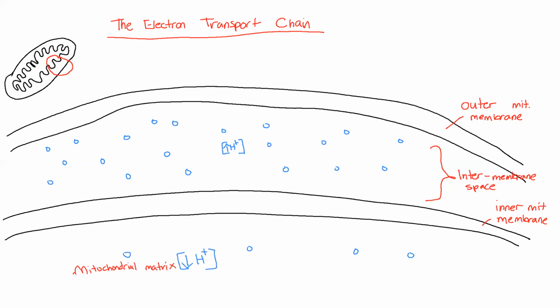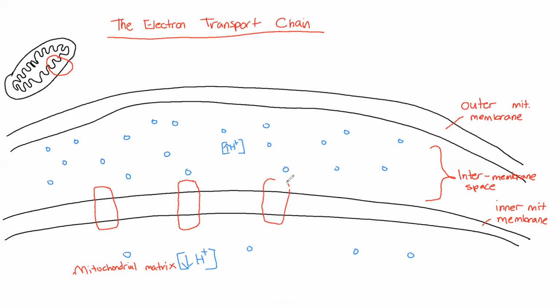Okay. Now, the actual electron transport chain, and we're going to really think about those words, is really the passing of electrons across these complexes. So we have a series of complexes that are embedded in the inner mitochondrial membrane. You don't have to really know the details of these complexes. There's complex 1, complex 2, and then 3, and so on.